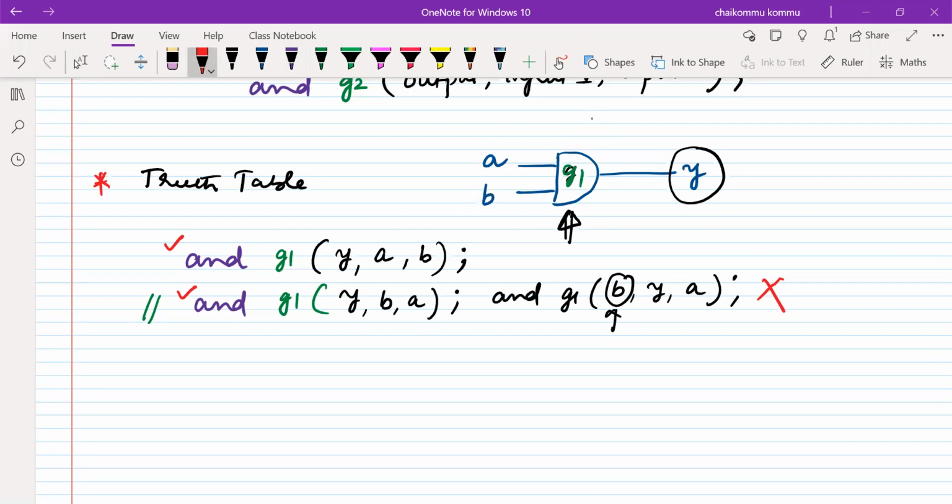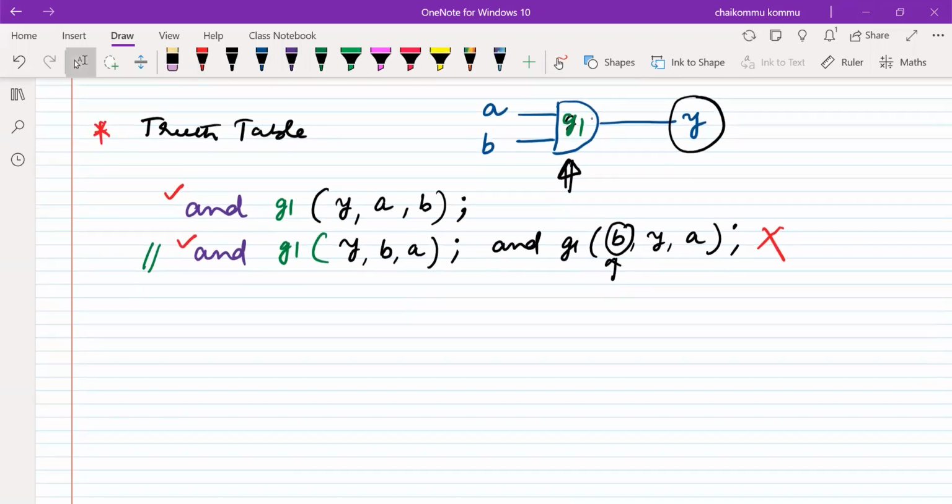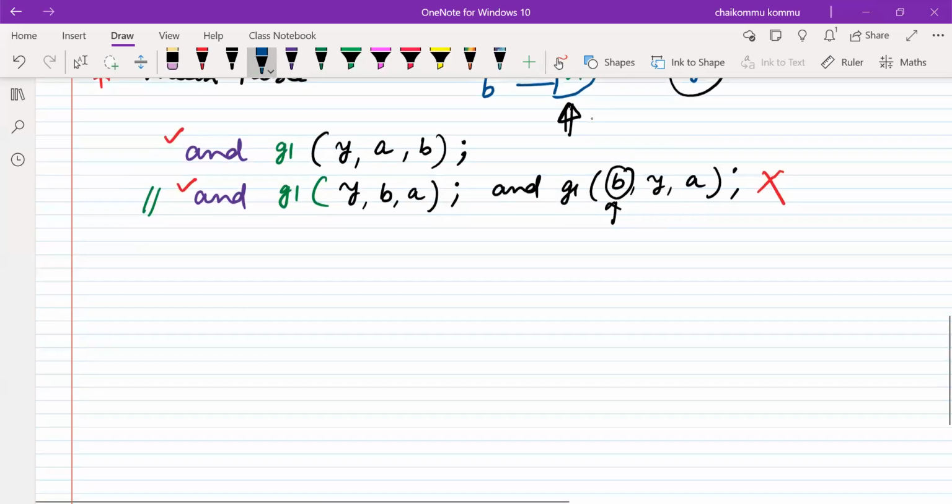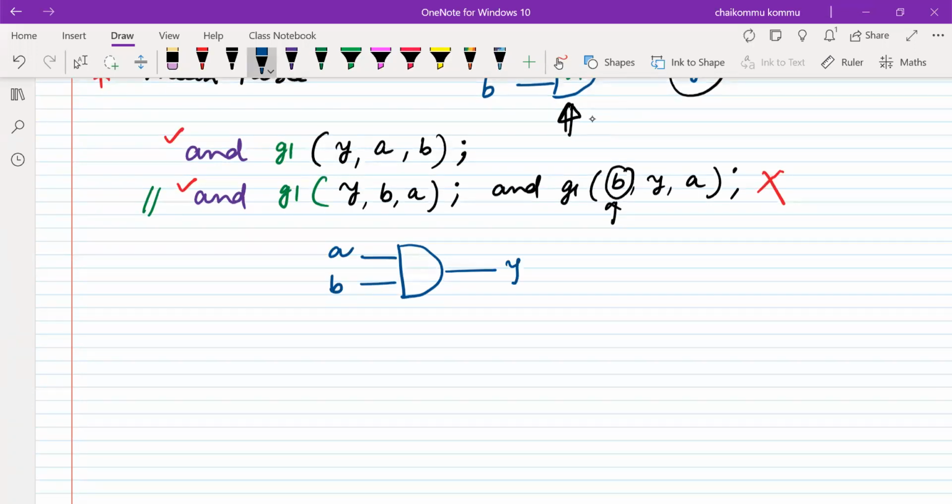Now, the question is how do we frame the truth table for this one? A is an input, B is an input, Y is my output.